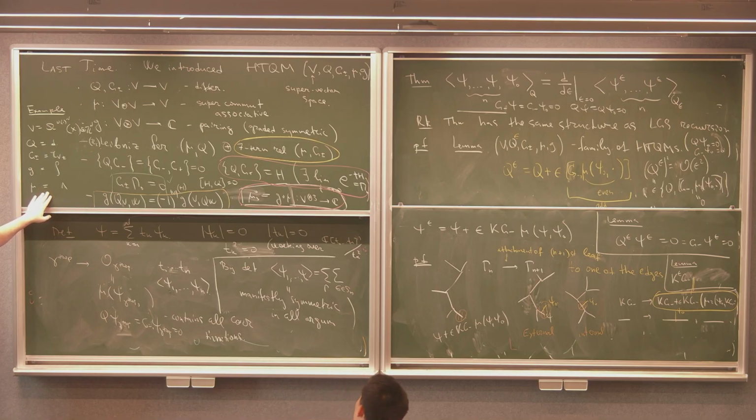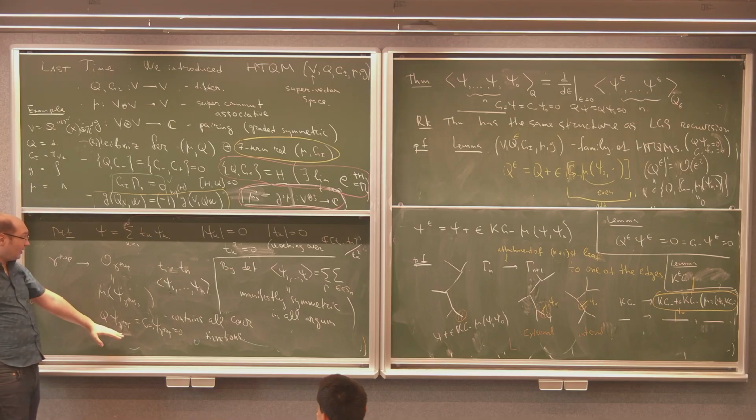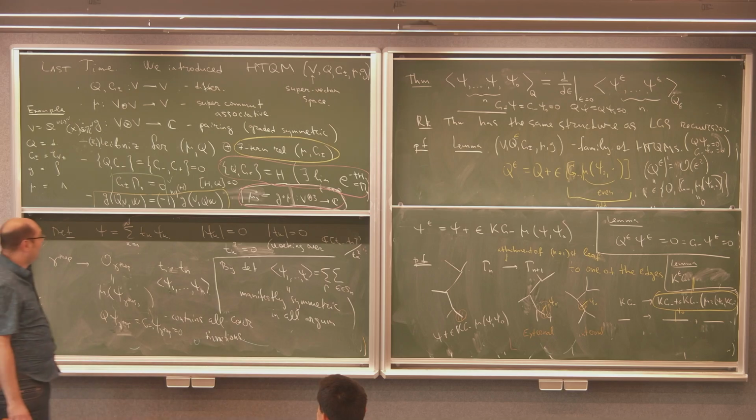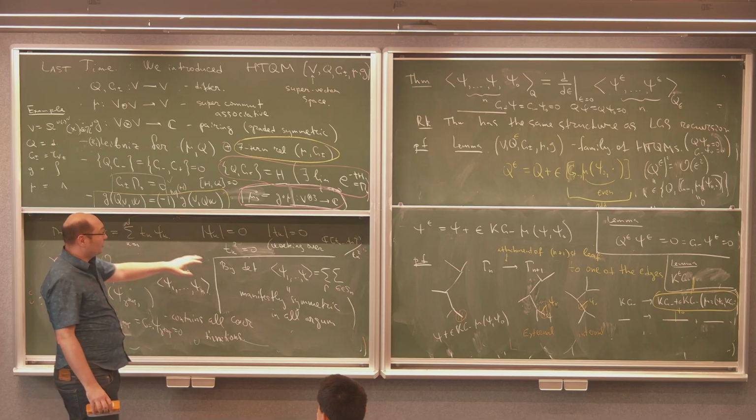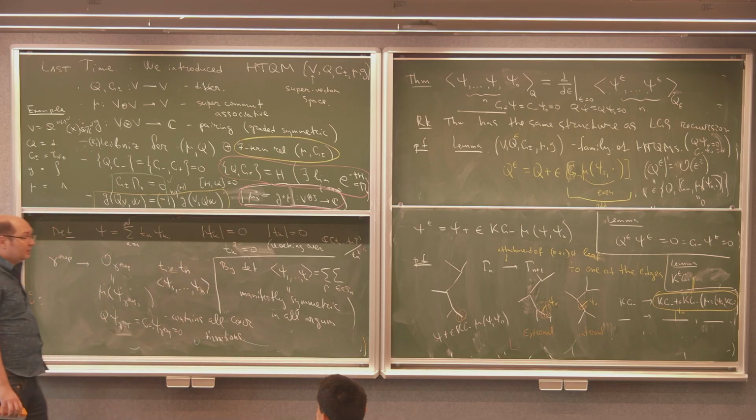And then when looking at amplitudes in this HTQM with marked points and operators, we will see that these particular amplitudes have an additional nice property, so we can turn them into these correlation functions that we studied and proved some nice properties for.